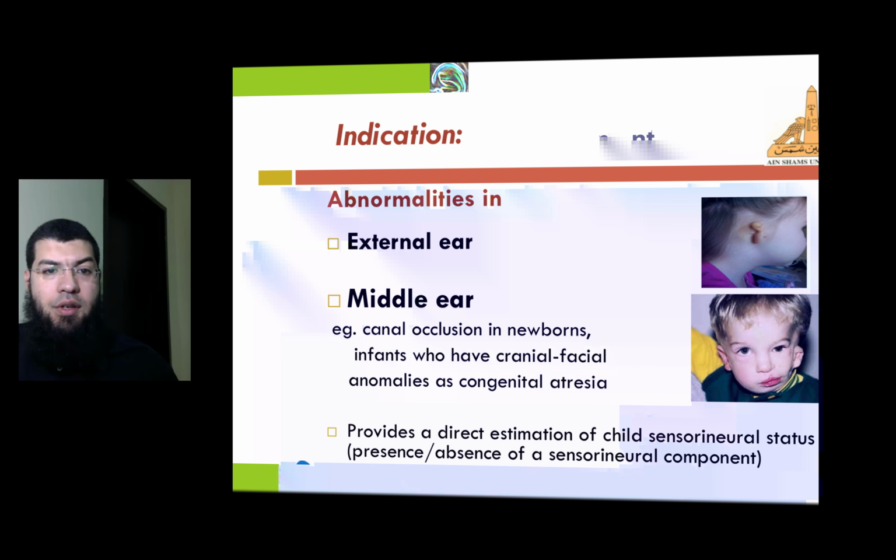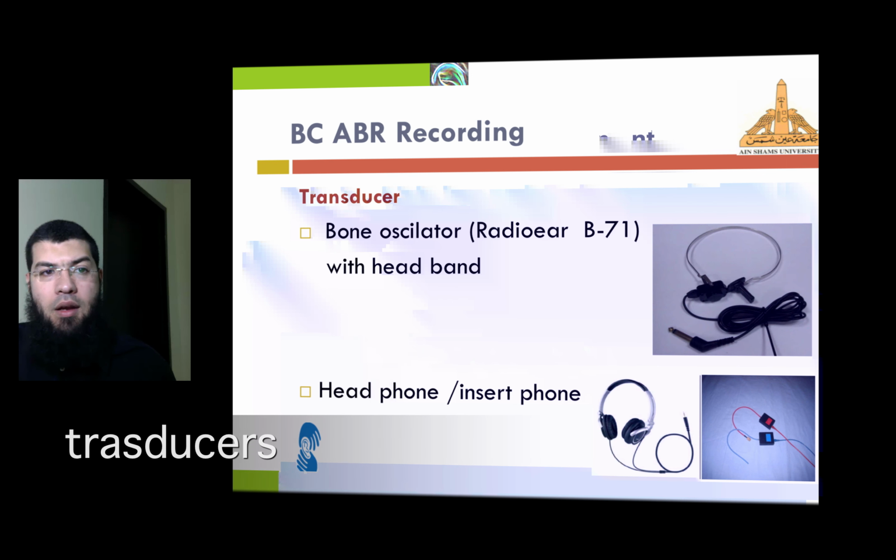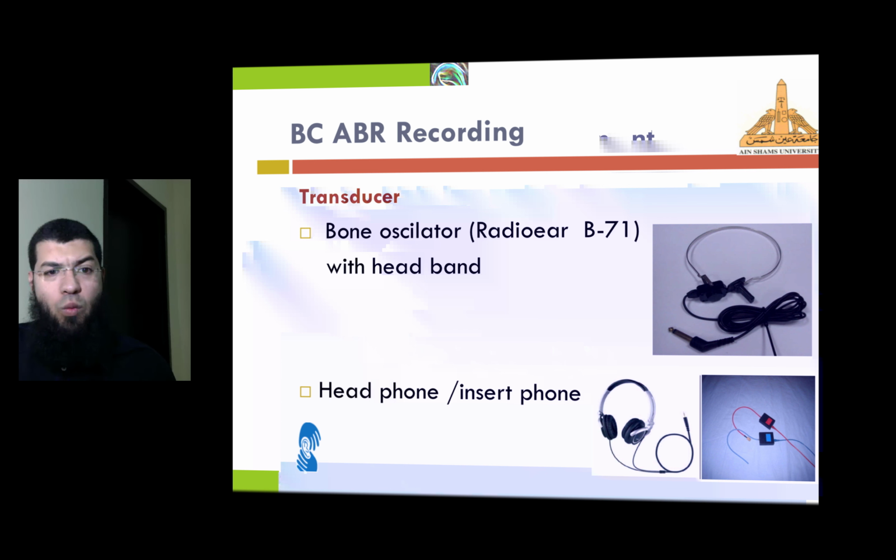It is used to evaluate the sensorineural element, to bypass the outer ear and the middle ear and stimulate the inner ear directly. For bone ABR recording, a transducer is used: a bone vibrator B71 with a headband, and headphones, using a supra-aural headphone or insert phone.